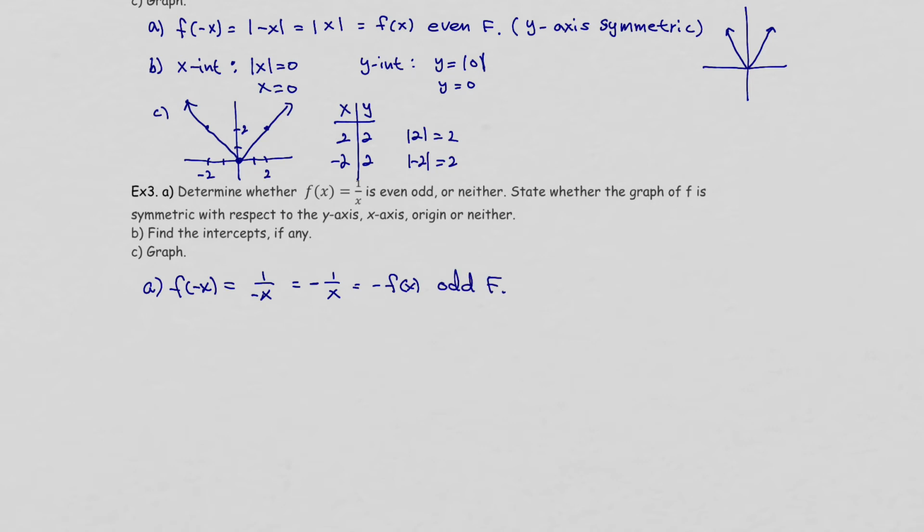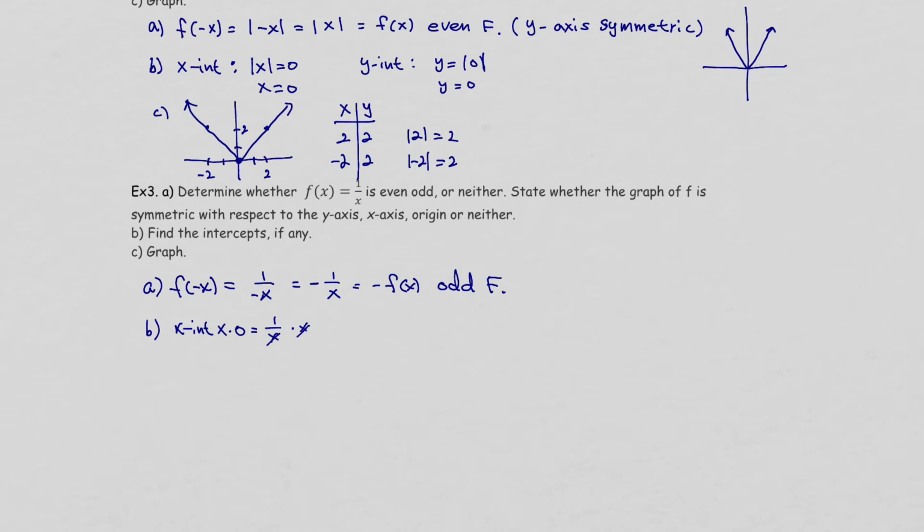Don't forget, an odd function is the same as origin symmetry, right? And finding the x-intercept, letting y equal 0, so it will be 0 equals 1 over x, and multiply both sides by x to get rid of fractions.